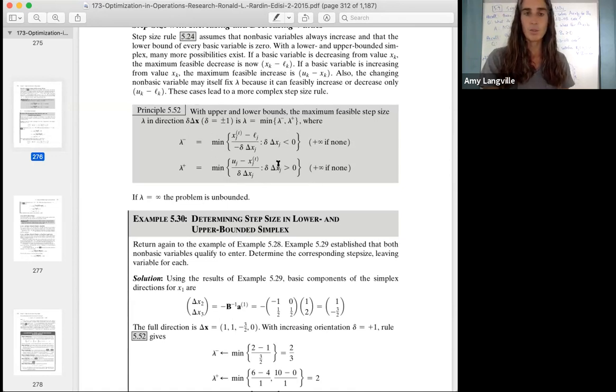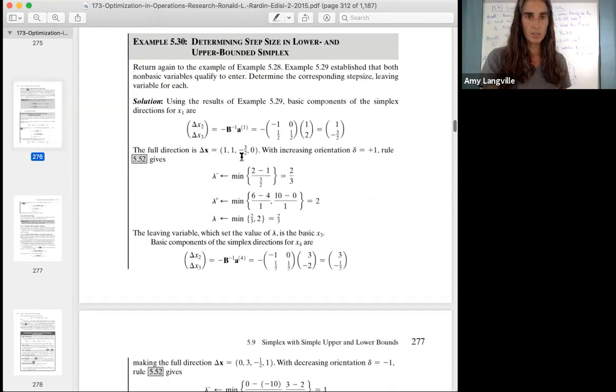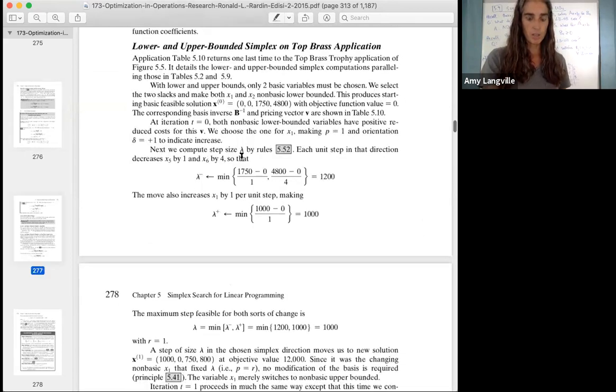Our very similar min ratio test. Instead of just x_j, we now need to say how far can we go towards that lower bound or the upper bound, right? So that's why the numerator changes slightly. And then delta is there, an indicator variable of which way we're going. So hopefully all these make sense. There are slight tweaks to our standard algorithm.